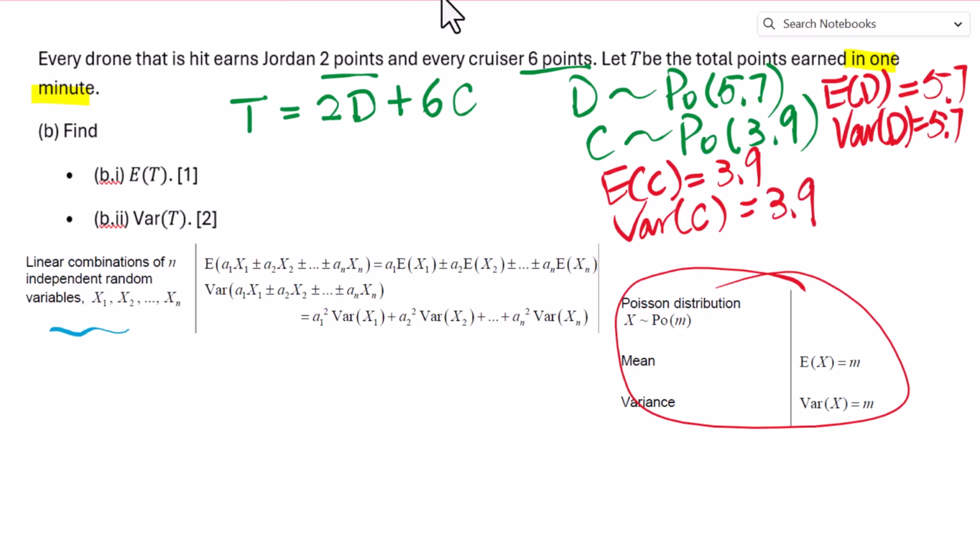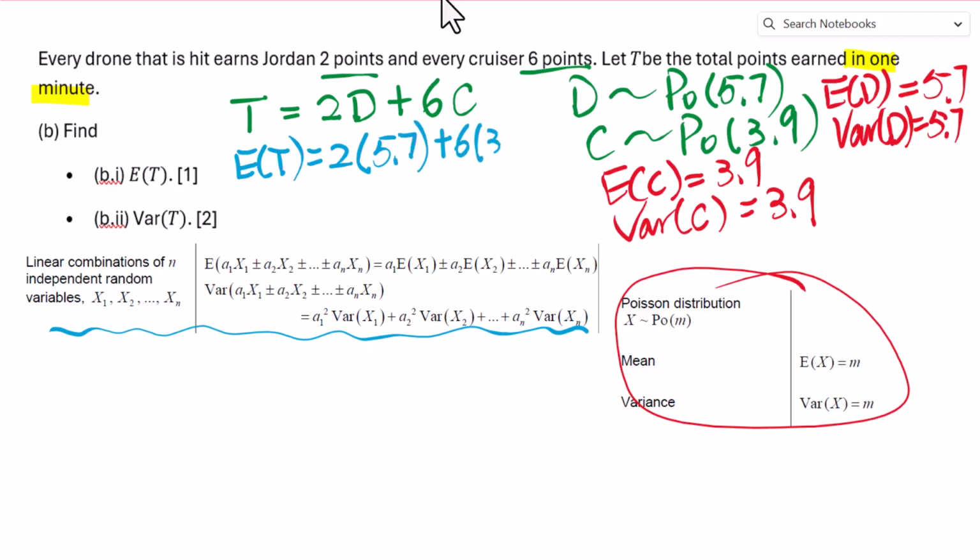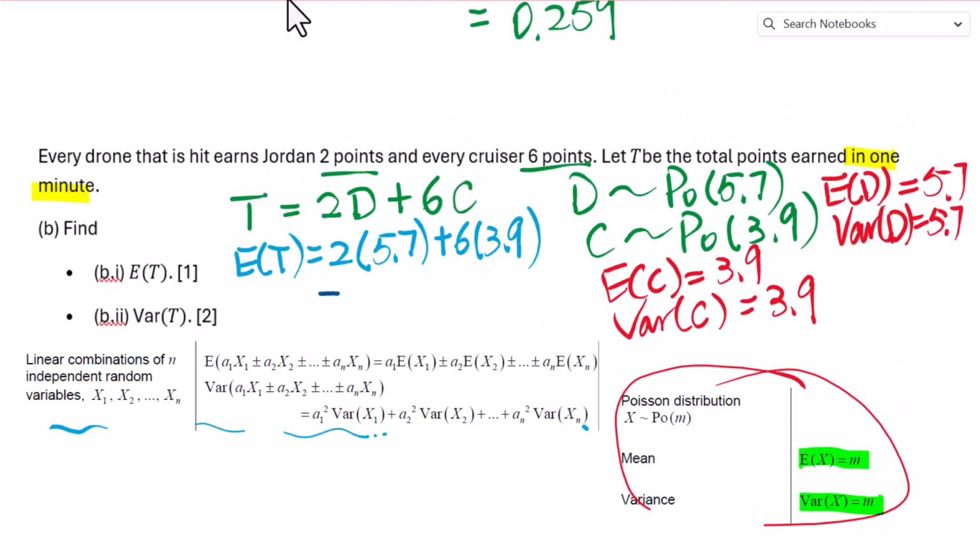Here is the formula given. So E of T equals 2 times 5.7 plus 6 times 3.9 equals 34.8.